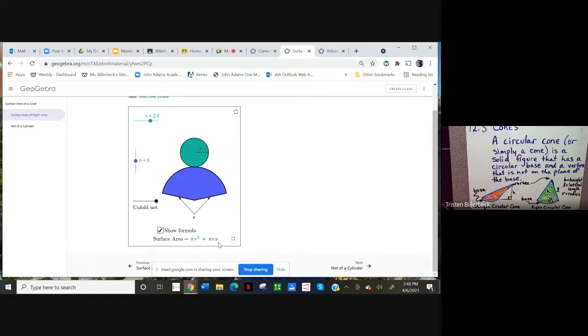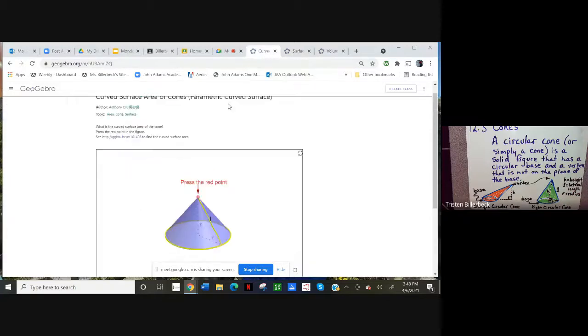For this, instead of using L, they're using S. We just need to be flexible sometimes with the letters that others use to depict the formulas. So in your book, instead of using S, they use L. That would be the total surface area, versus this one which is just the lateral surface area. There's no base.